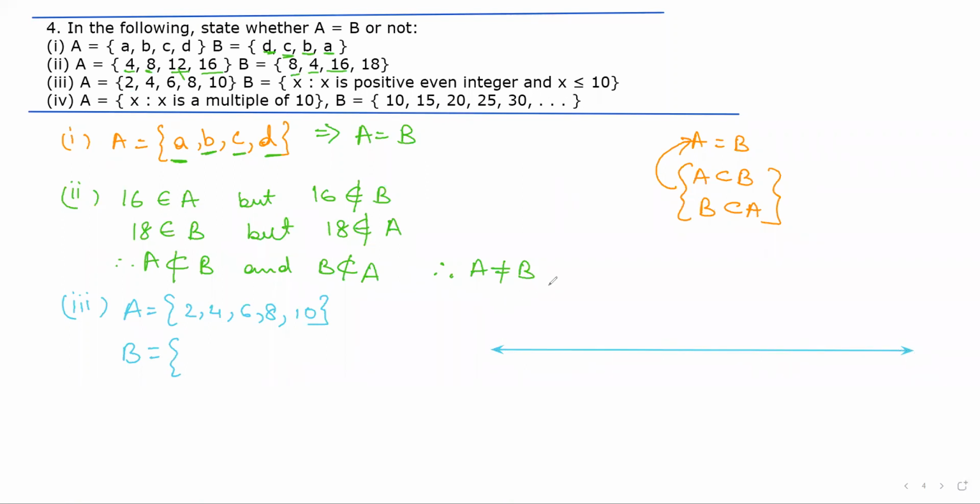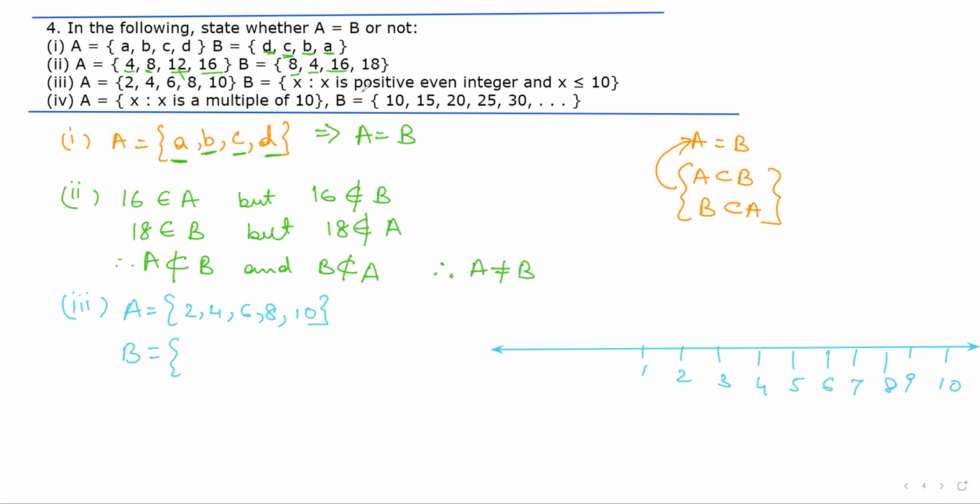So 1, 2, 3, 4, 5, 6, 7, 8, 9, and 10. It's given that x is less than or equal to 10, which means that you are supposed to consider 10 in your discussion. So the values under consideration would be 1 till 10.